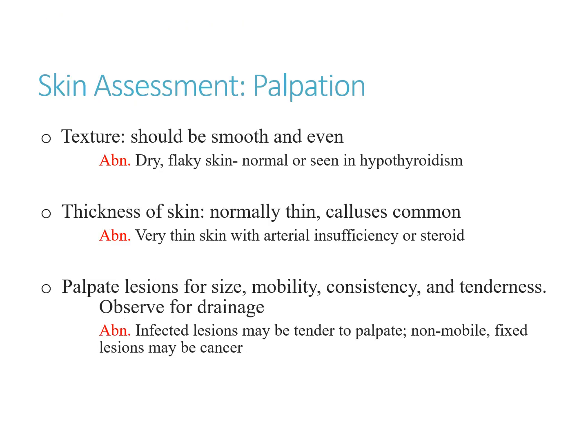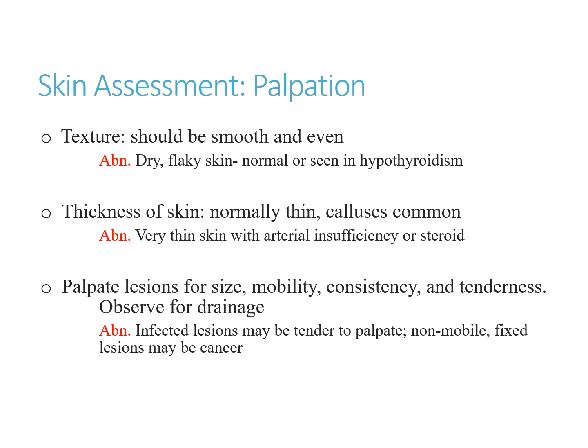So when you're palpating the skin, you want your texture of the skin to be smooth and even. Dry, flaky skin is an abnormal finding and might be seen in dehydration. Thicker skin and calluses on maybe specific places of the skin, on your feet, on some of the calluses on the outside of your feet are very common.